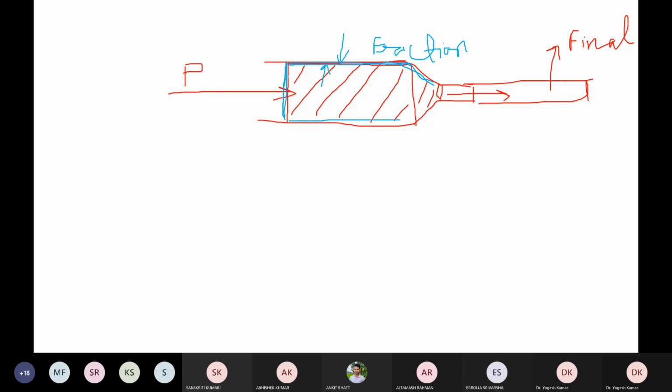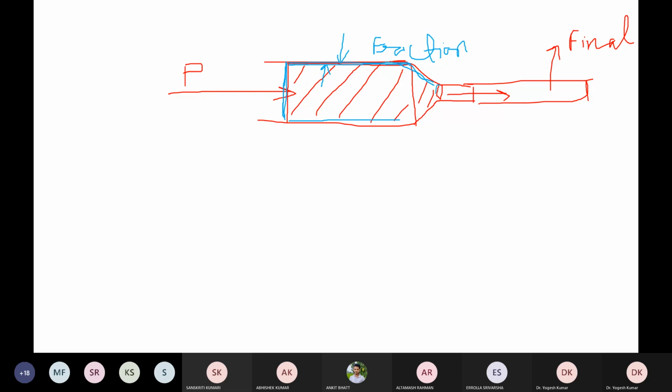Because of friction there is an opposing force, and due to the opposing force, obviously there is some damage to your tool surface, or your die surface, because it is rubbing over this surface. Ultimately, it will damage your die.